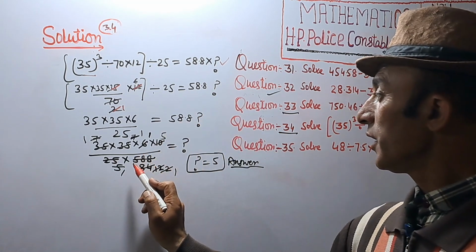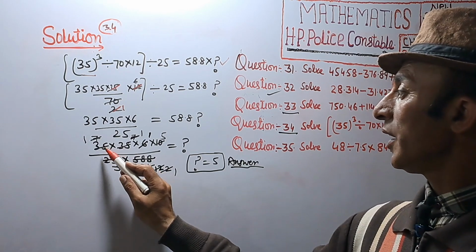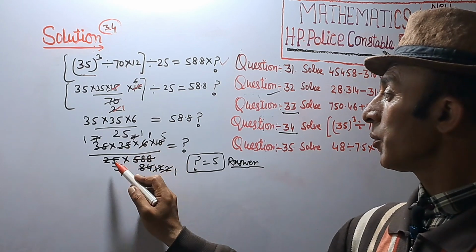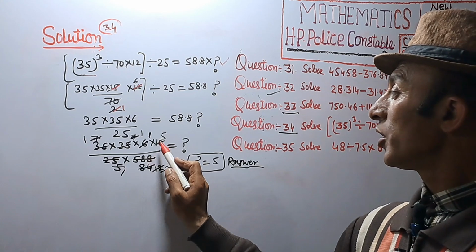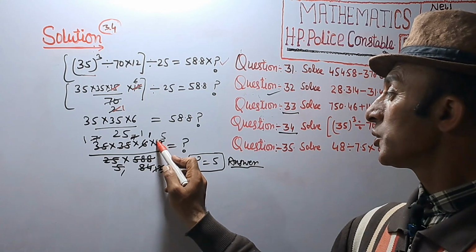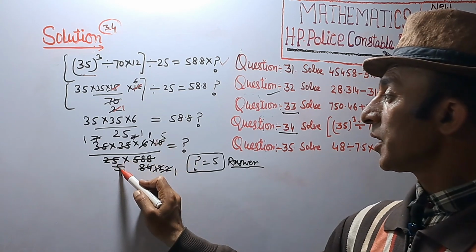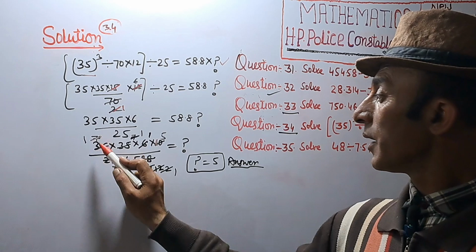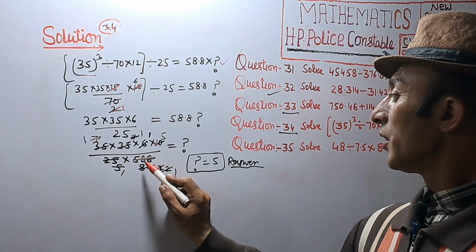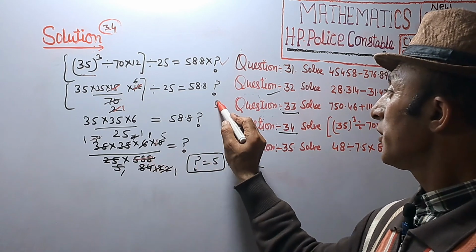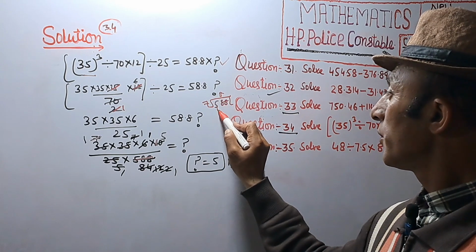58.8 divided by, on the left, then we get 35 into 6 into 10 upon 25 into 588. Point converts in 10. Point is 1 place, that will be 10, and 5 fives are 25, 7 fives are 35, and 7 ones are 7. 588 divided by 7, that is 7 8s are 56.